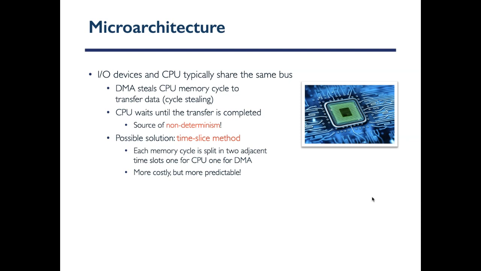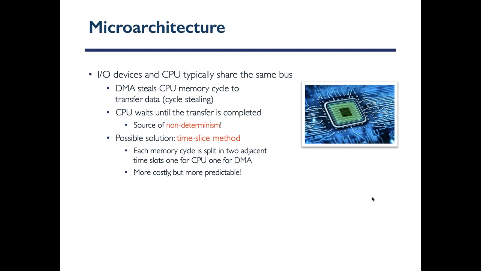Usually I/O devices share the same bus with the CPU when it comes to communicating with memory. If you remember, I'm just reminding everyone what DMA was. DMA was when the CPU would let a device take care of data transfer without the CPU being involved.